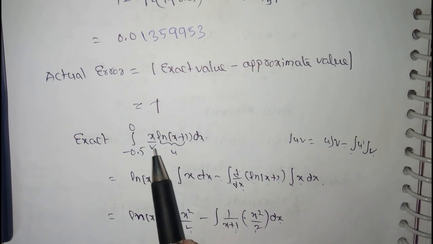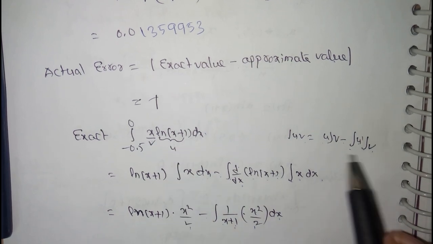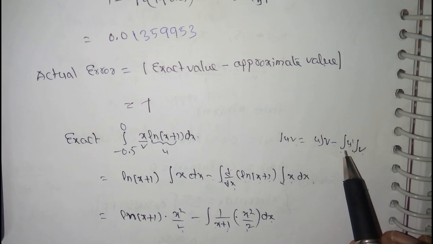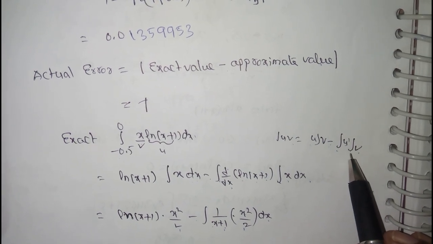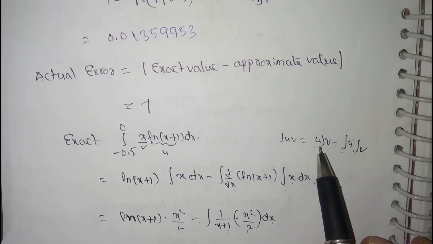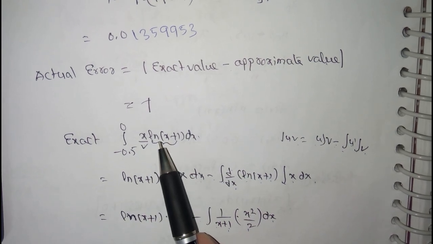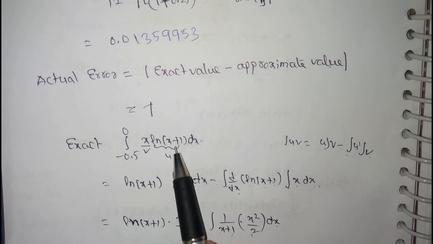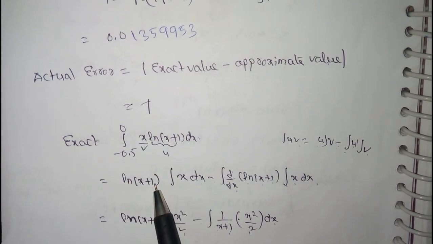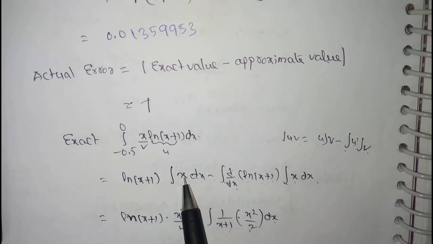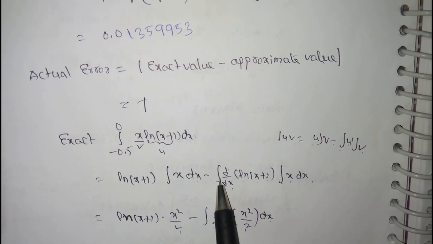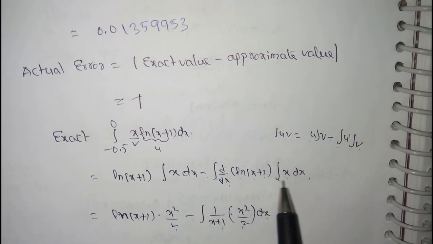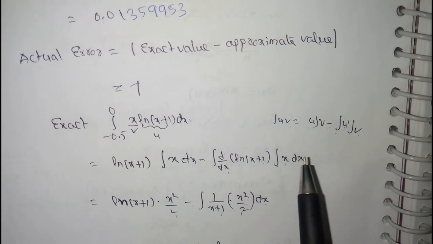The integration of uv is u times the integration of v, minus the integration of u' times the integration of v. Here u is taken as ln(x + 1) and v equals x. So ln(x + 1) times the integration of x dx, minus the integration of d/dx of u, that is ln(x + 1), times the integration of v dx.